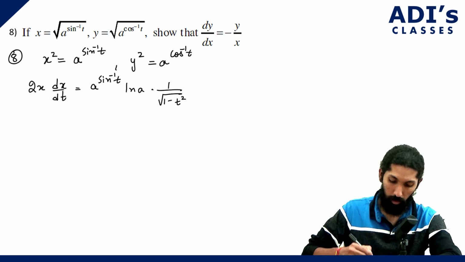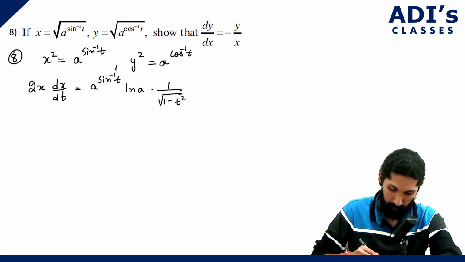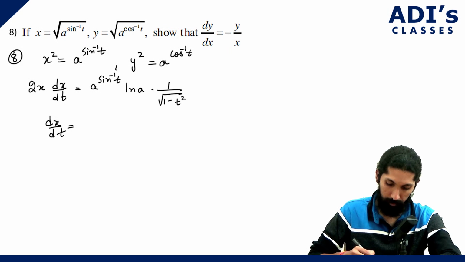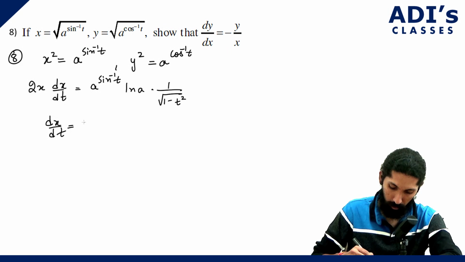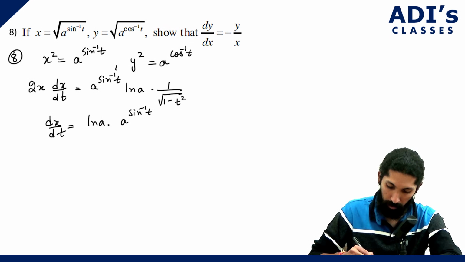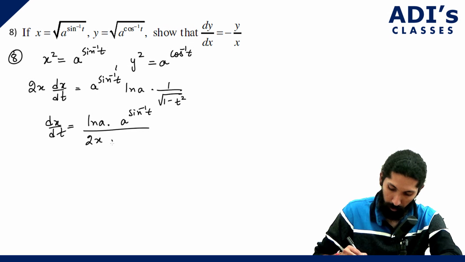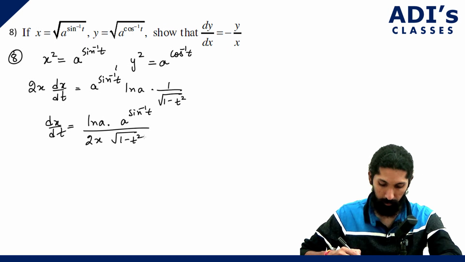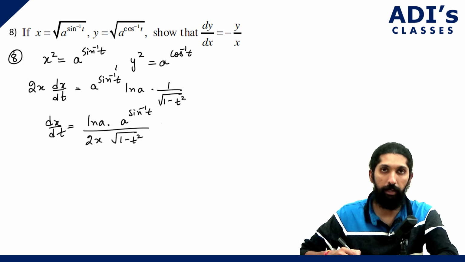So, you need dx by dt. So, dx by dt becomes log of a into a power sine inverse t divided by 2x into root 1 minus t square. So, this is dx by dt.